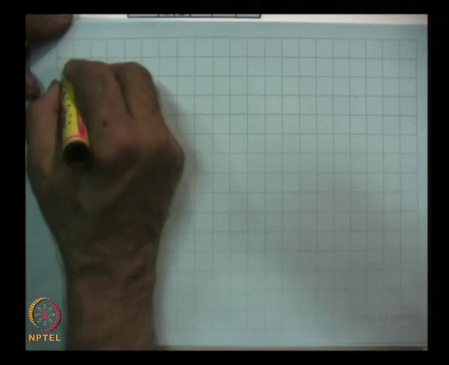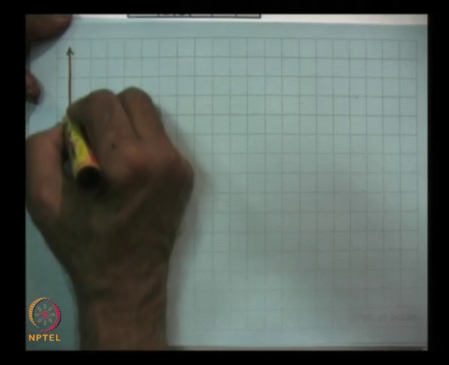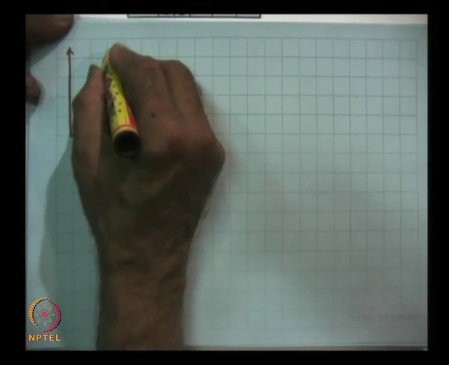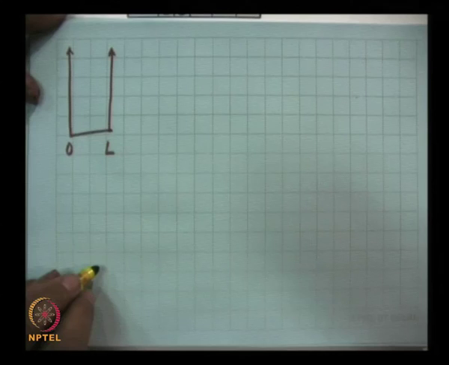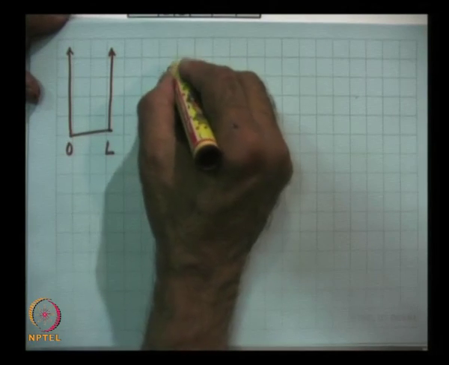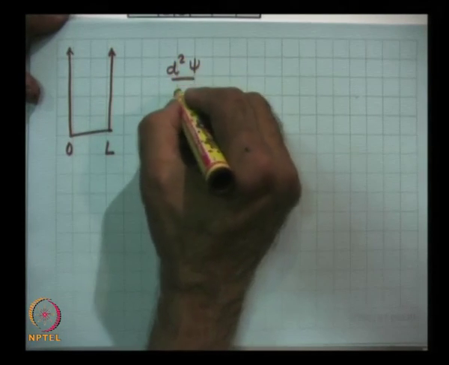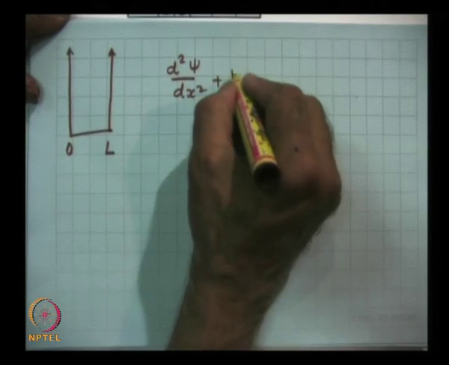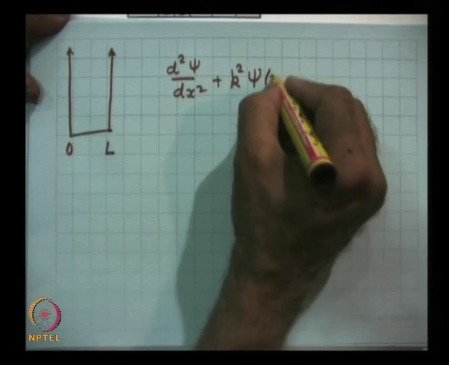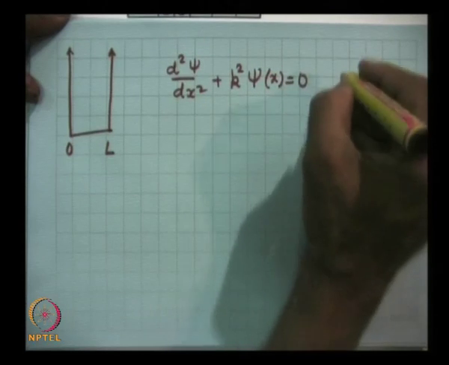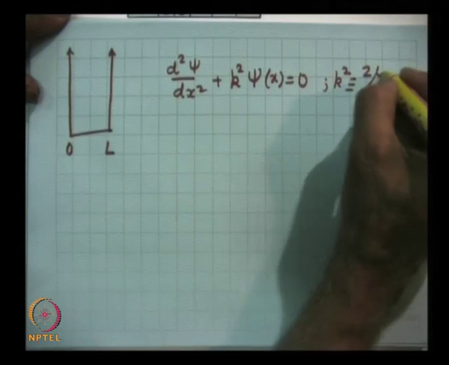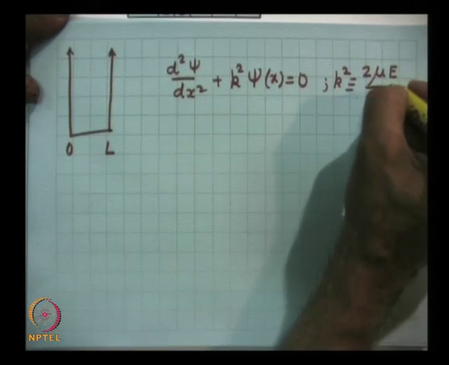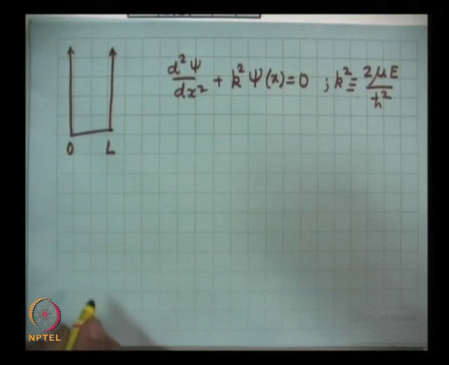So, in the region where I have this particle in a one dimensional box, between 0 and L, the Schrodinger equation becomes d2 psi by dx square plus k square psi of x is equal to 0, where k square is defined to be equal to 2 mu E by h cross square.